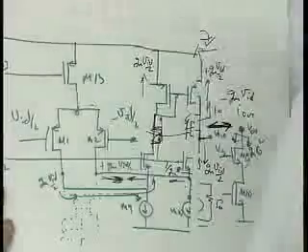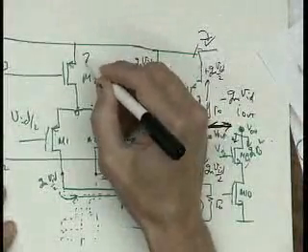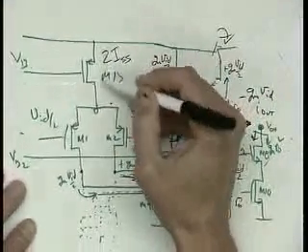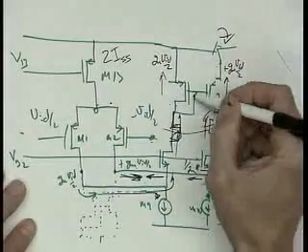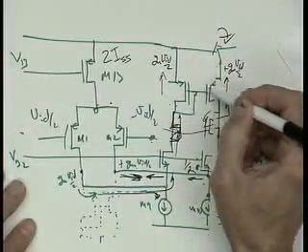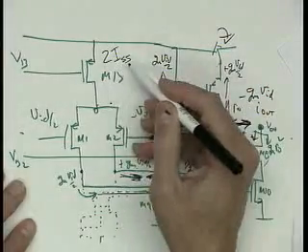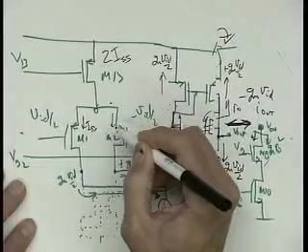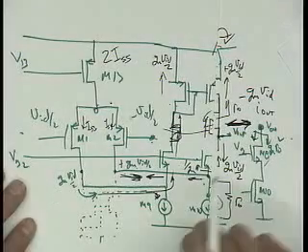If we go back to this circuit right here, if this is, let's say, 2 ISS, M13 is running 2 ISS. The question is, what's the DC current in these transistors over here? If this is 2 ISS, that splits between each of these, and I get ISS for each one of these.